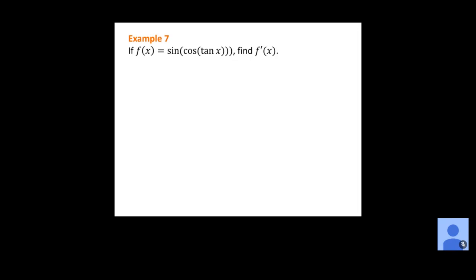Good. So we've got to keep the entire cosine of tangent of x here as our u. We're going to say u equals cosine of the tangent of x.